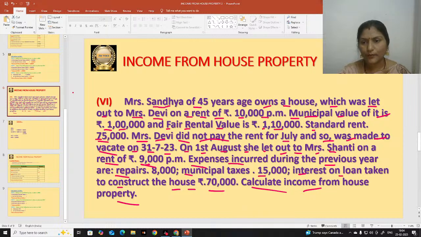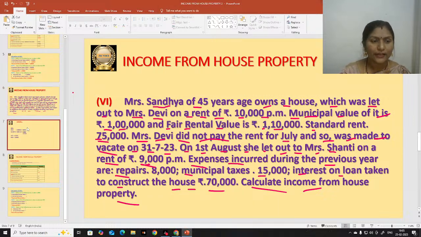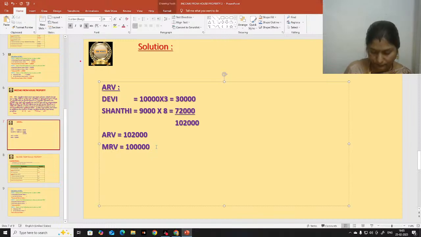Next, fair rental value. Fair rental value is 1,10,000. Fair rental value means FRV. It is also known as rent of a similar house. If they give in the question that rent of a similar house, it is nothing but fair rental value. So we can take 1,10,000 fair rental value. FRV is equal to 1,10,000.